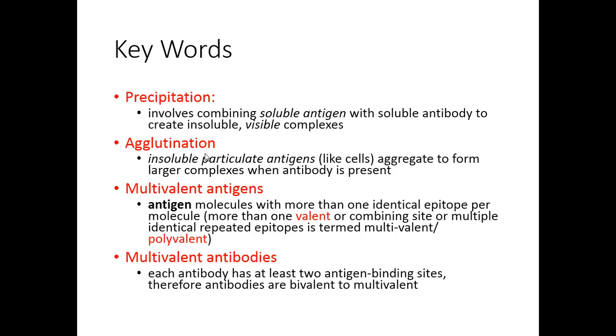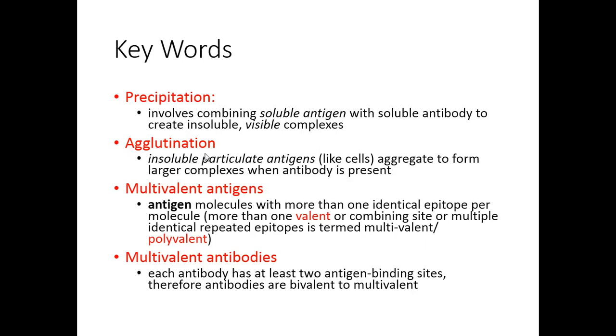So remember we talked about how the antigen binding sites don't have to be the same on a pathogen. They can be varied. We can have different epitopes. But in this case, when we're talking about multivalent antigens, we're talking about more than one identical epitope on the molecule. And so we call that valency.